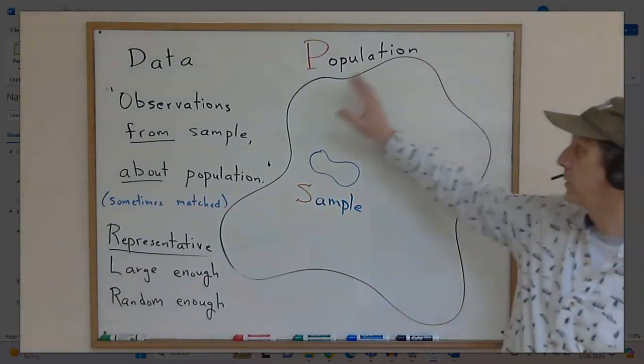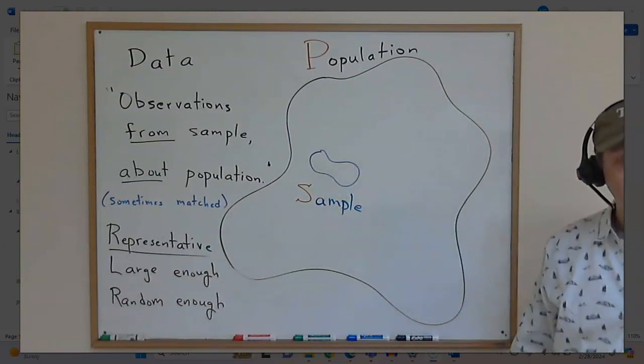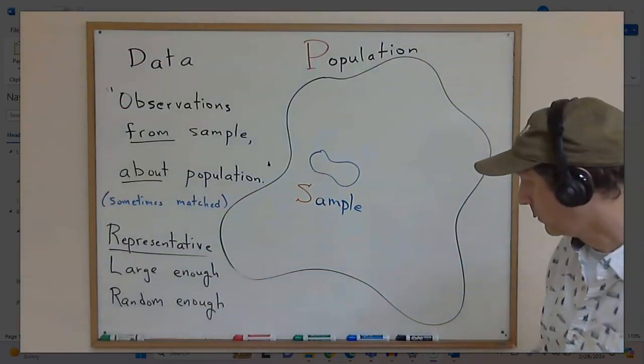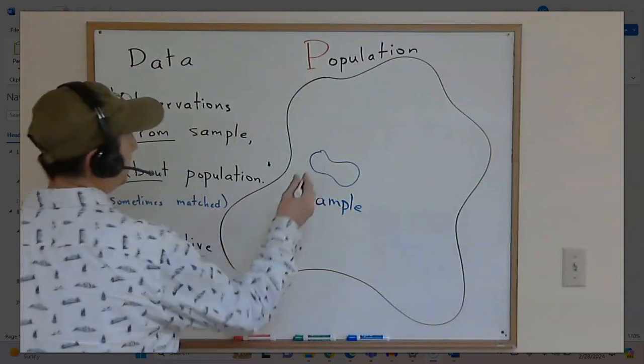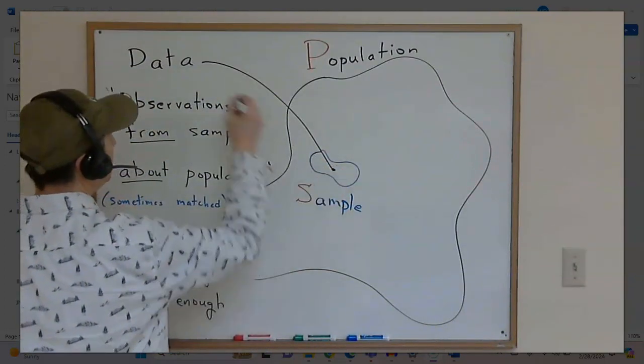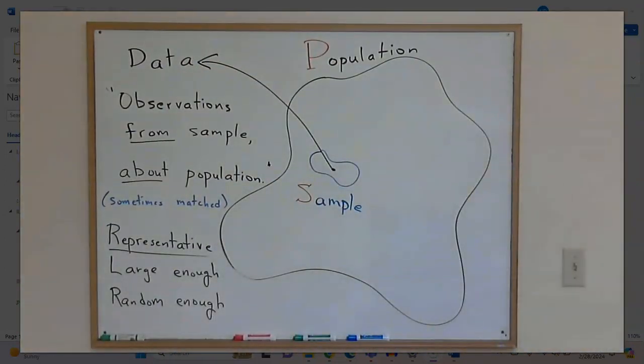If you think about your population as being an organism and you want to learn how it's doing, you can take a little scalpel and cut out a little sample, and if you study that sample, it should be telling you something about the population. So essentially, when we observe, we are directly observing really only the sample. And the observations of that sample are what we call our data.